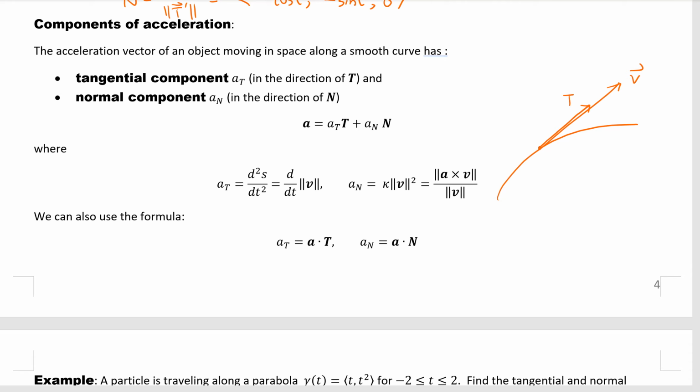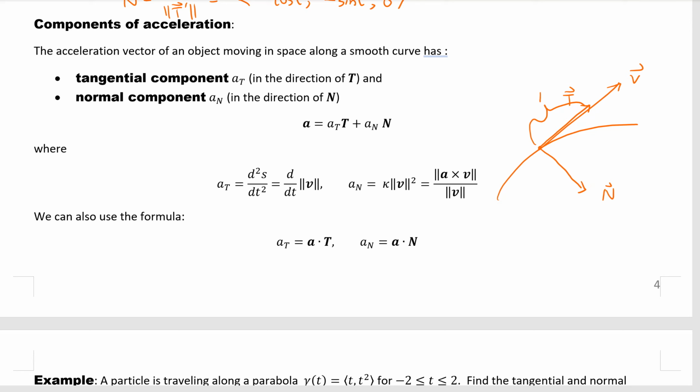T is the unit tangent vector, so its magnitude equals 1. And what is N? N is the principal unit normal vector. So this is the N. It gives the direction in which the curve is turning.